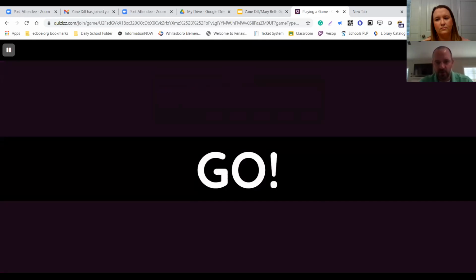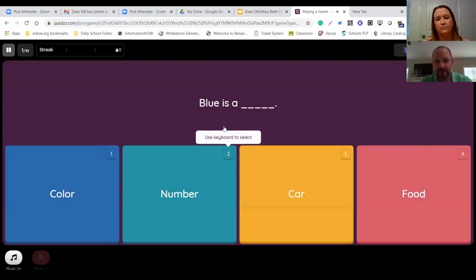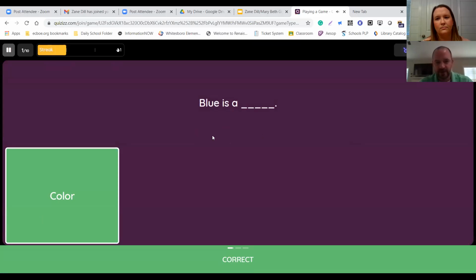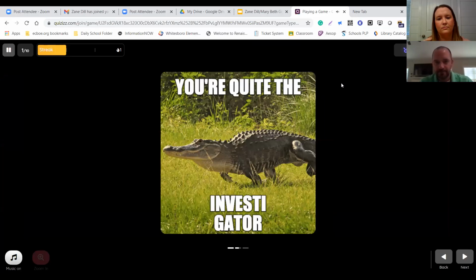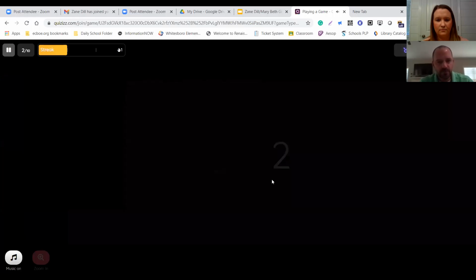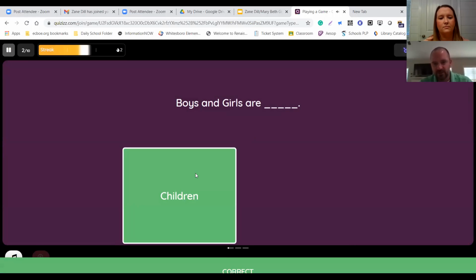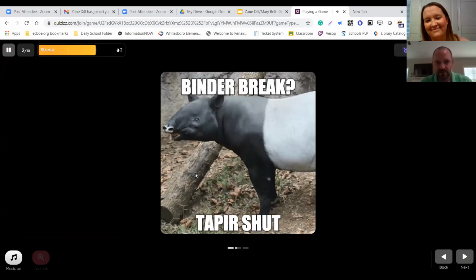This will just show a quick example of what a completion part would look like. Blue is a color. Okay, so that's very easy and descriptive. And we can go through one more. Boys and girls are men, children, women. Okay, and that would be children.